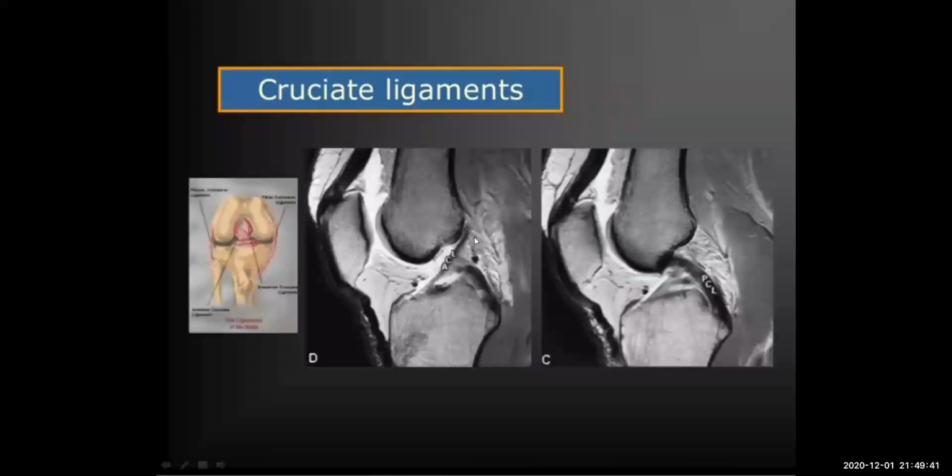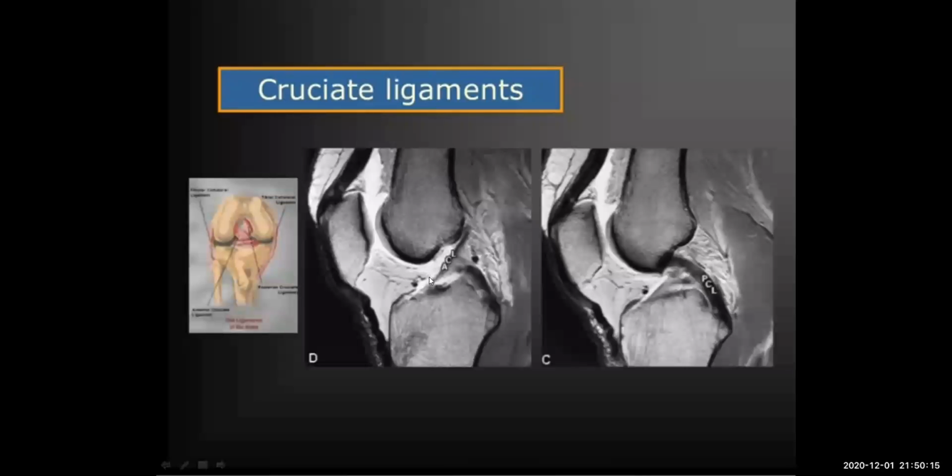What do I mean? If you find the course, instead of going oblique following the Blumensaat line, going more horizontal, or instead of being homogeneously black it is white, or it is not in good tension, or you find some laxity on the PCL, a buckling PCL, these are signs of injury. Usually if it is white instead of black, they call it a cloudy ACL.